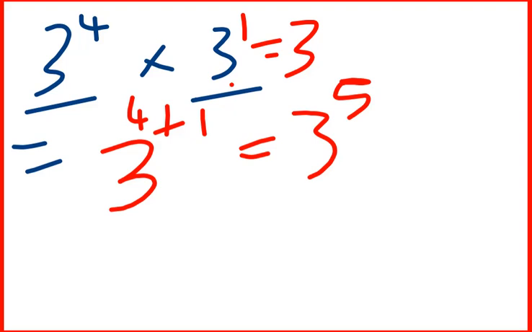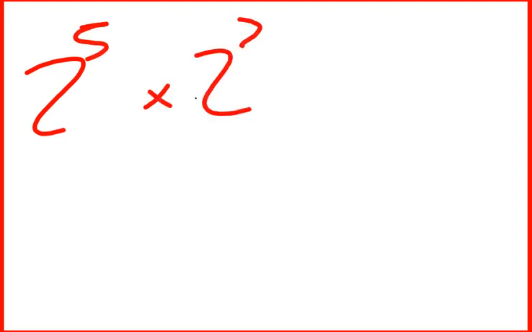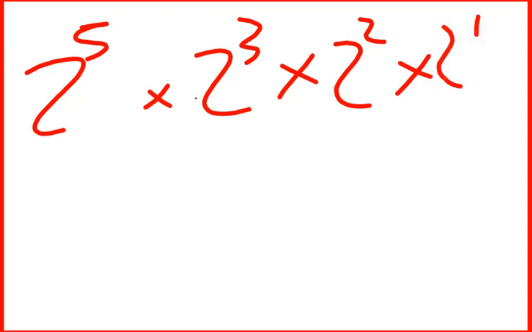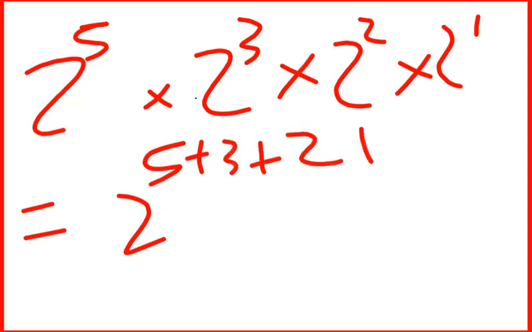This rule can be extended to more than 2 powers multiplied together, meaning we can have 2 to the power of 5 times 2 to the power of 3 times 2 to the power of 2 times 2 to the power of 1, and you will have 2 to the power of 5 plus 3 plus 2 plus 1.